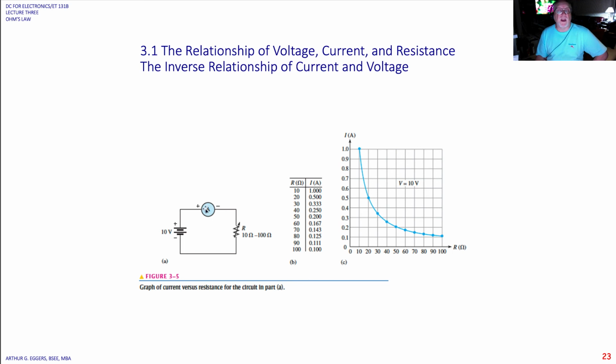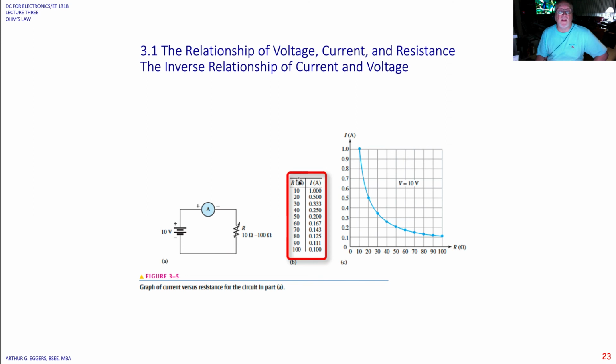If we look at the graphical relationship here, we've got, again, a 10-volt battery. We've got an ammeter, or a current meter, in line with the circuit. In this case, we've got a variable resistor in here. That's what that line through the resistor means. It will vary between 10 ohms and 100 ohms.